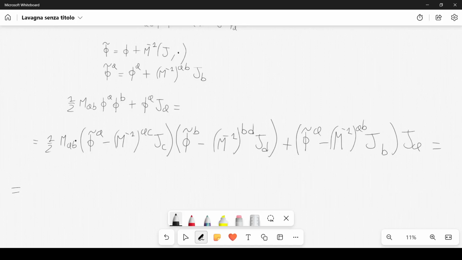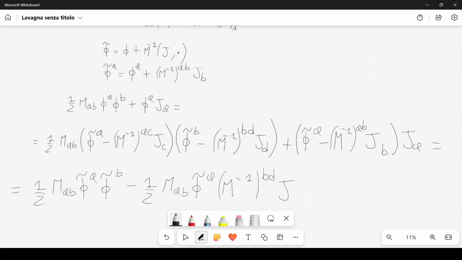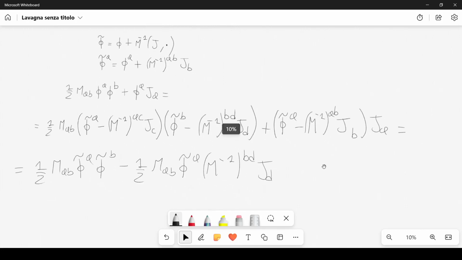We have this multiplied by this and this, which is 1/2 M_AB phi tilde_A phi tilde_B. And then we have a bunch of other terms. In particular, we have this multiplied by this, and then we have a minus 1/2 M_AB phi tilde_A M inverse_BD J_D, like this.